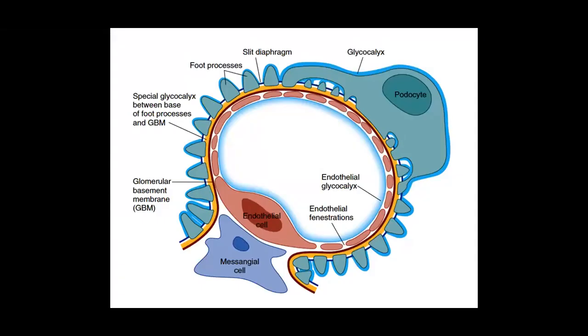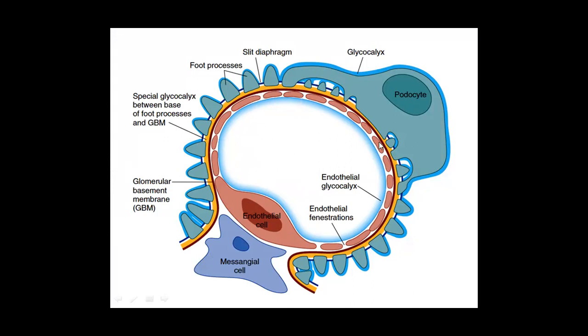Now, all of these pictures we can summarize in this schematic diagram. So we can see this is the capillary endothelium. This is a cross section of the capillary. Any capillary is a single-layer structure based on the basement membrane.